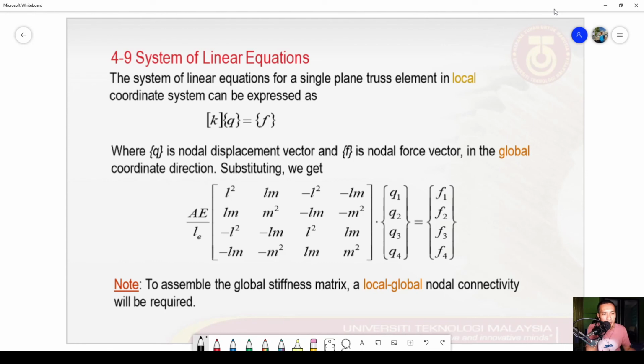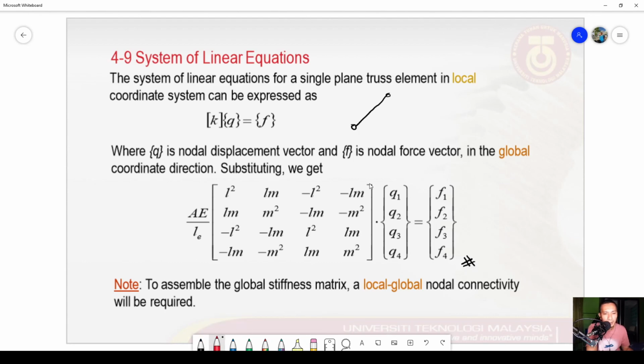Thus, the system of linear equations in the form of KQ equal to F for one truss element written in the global coordinate system can be written as this equation that we have at the bottom of the slide.